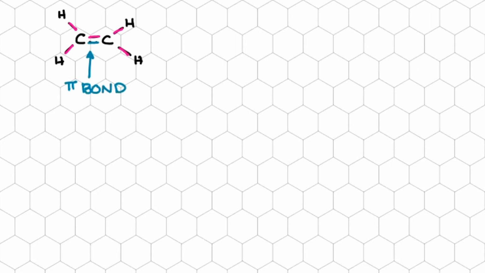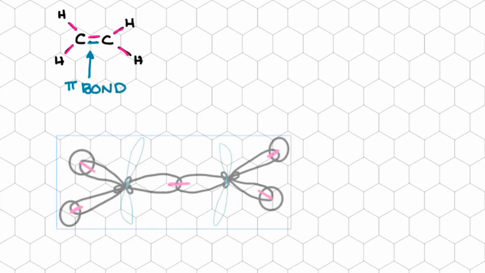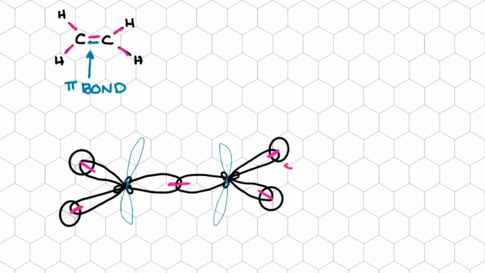Now for you to better understand, I'm going to draw the whole shape again. We already have it. As you see, the sigma bond is visible between the two carbons, and the pi bond is not really directly fused, so the orbitals are actually making this connection at their own central atom, and it's basically called a side-by-side overlap.